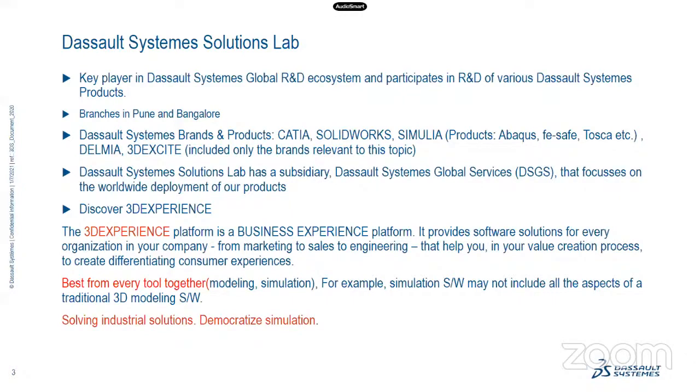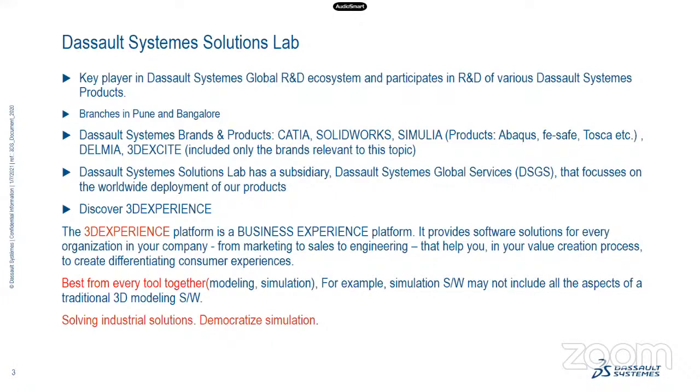The significance of this lab is that we have developments in almost all the brands of Dassault Systems. For example, CATIA, SolidWorks, Simulia, Delmia, 3D Excite, and there are more brands, but that is not relevant to our topic now.